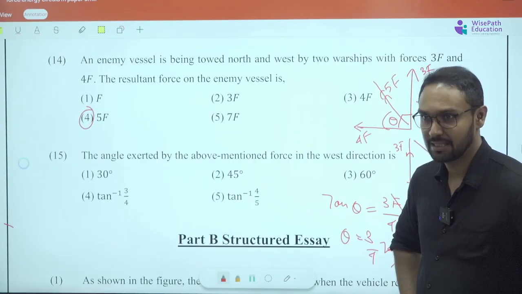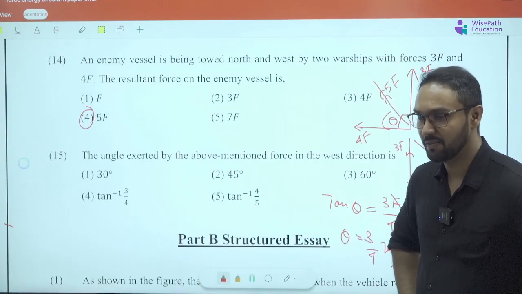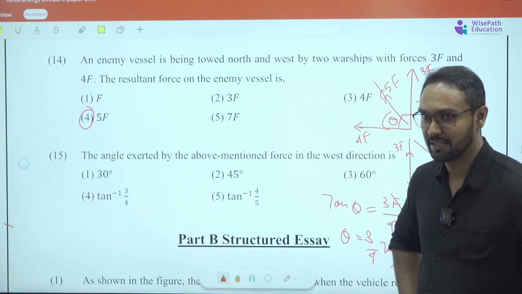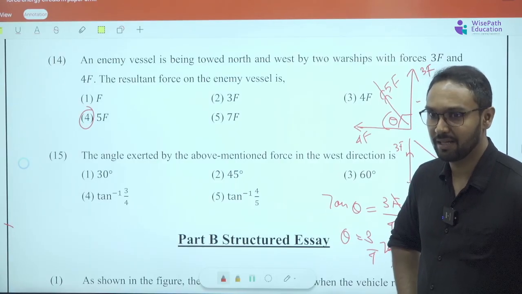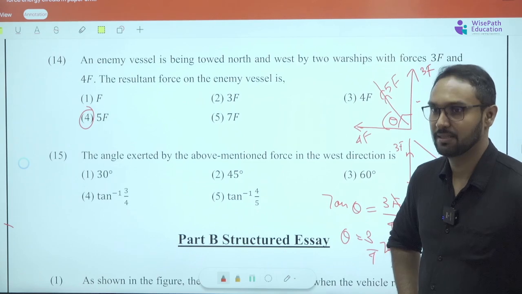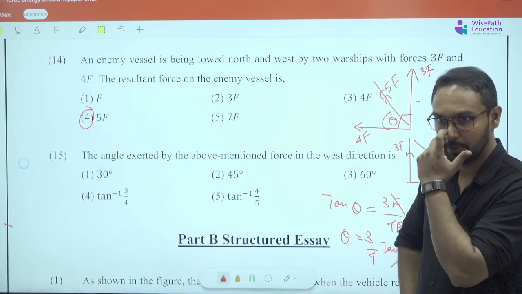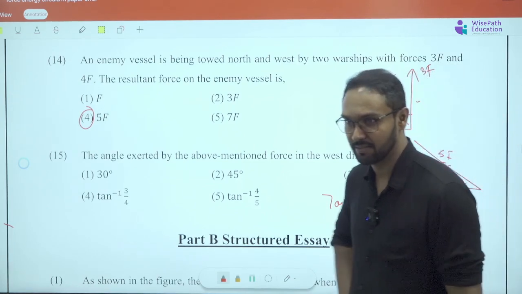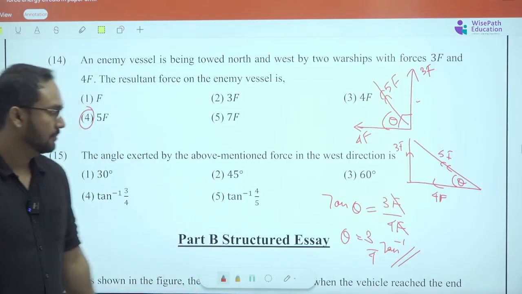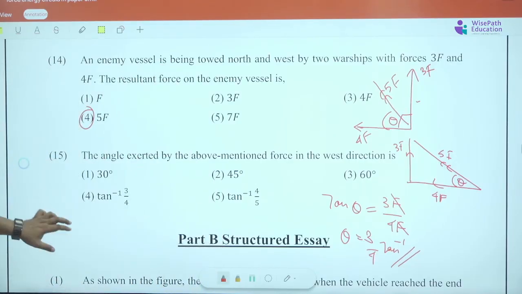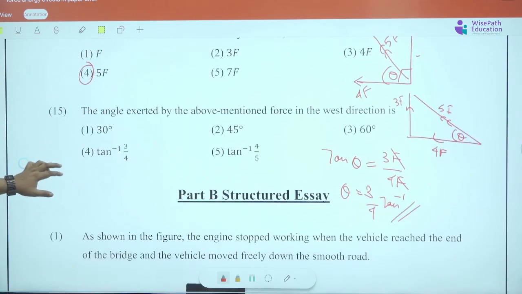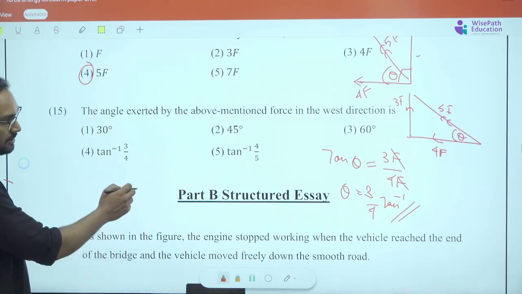Yes, the 45 comes if the two forces are equal. Otherwise it's different. The different angle you have to take using tan values. That is why you use the tan to give the direction. So theta equals tan inverse of 3/4. The answer is this one, right?